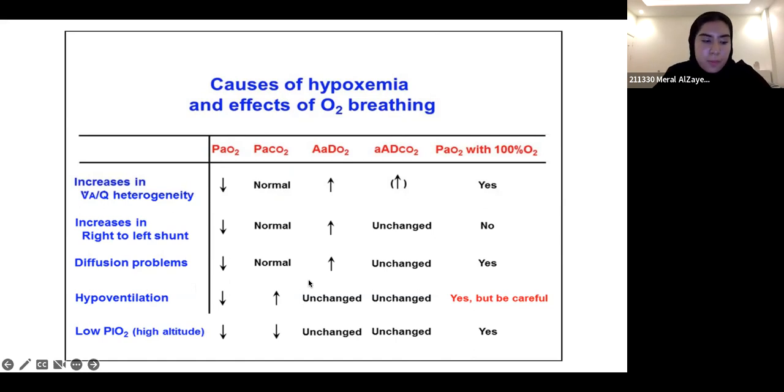Now, this is if we have high carbon dioxide. What about if we have low carbon dioxide? If both the partial pressure of oxygen and carbon dioxide are low, we can conclude that the cause of the hypoxemia is high altitude, or low partial pressure of inspired air.